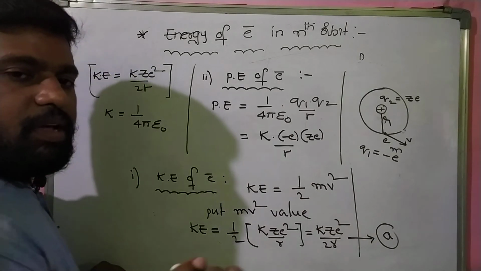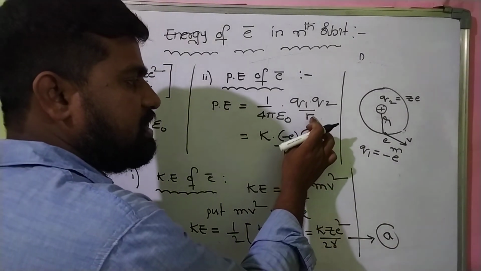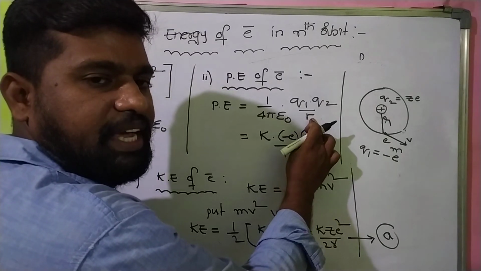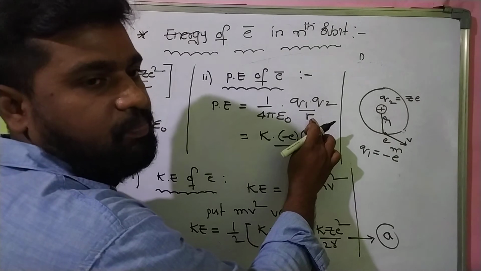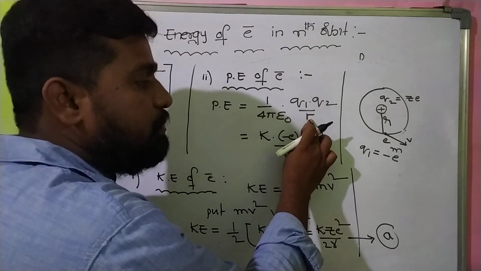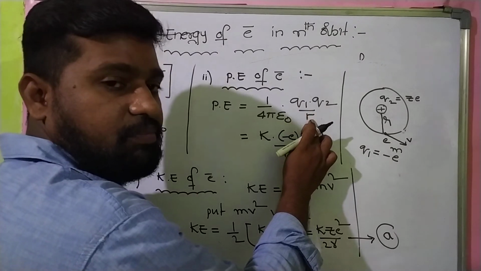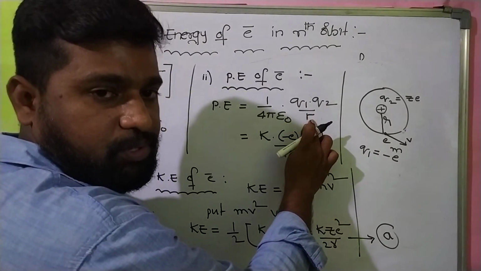Students, please remember: if R square is there, that is the centripetal force according to Coulomb's law. But here it is only R, so that is potential energy. If you take R square instead of R, it becomes the force.